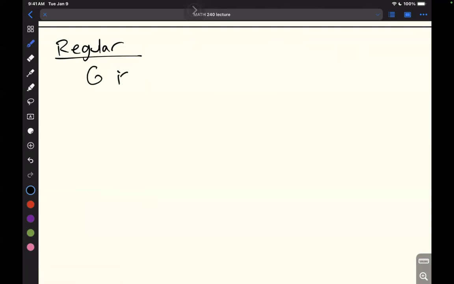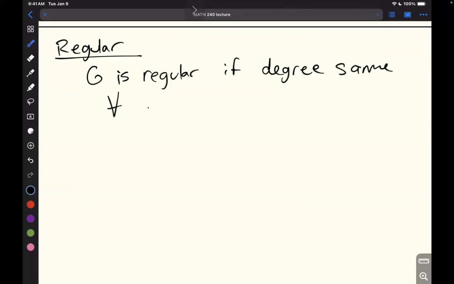So G is regular if the degree is the same for all vertices. So let's look at a regular graph.